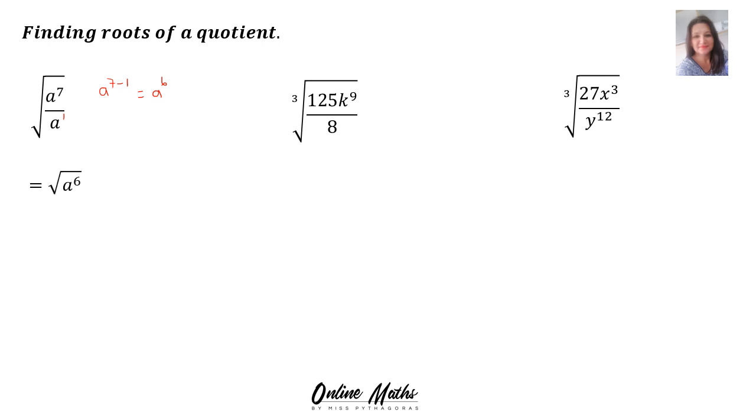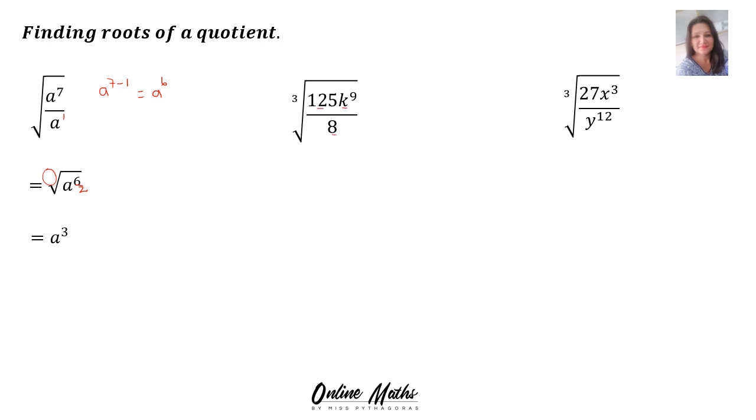Now you can take the square root of a to the 6. Remember, there's an invisible 2 on the exponent. We'll divide the 6 by 2, and the answer is a to the 3. On the second sum, the cube root of that, what you do is you deal with each element under the cube root individually.